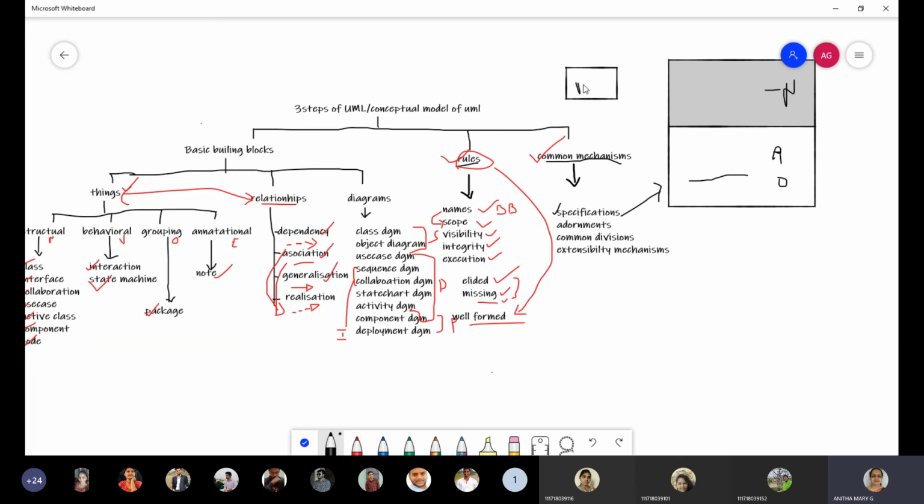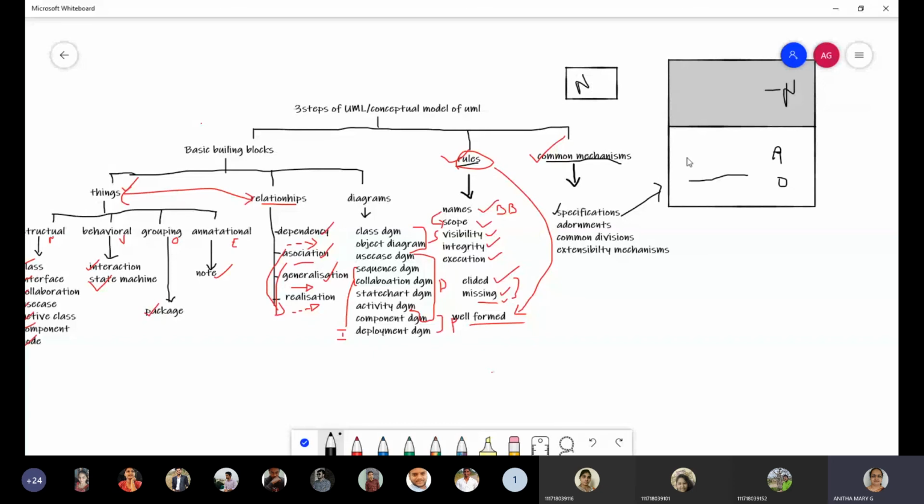Here we just give only the name. When some outsider sees this graphical notation, what will he know? He will think that it's a class with some name. That is what the visual icon shows, only some part of the specification.